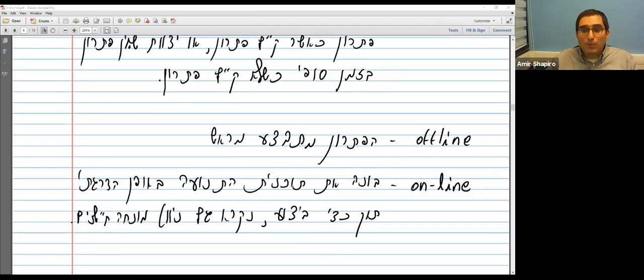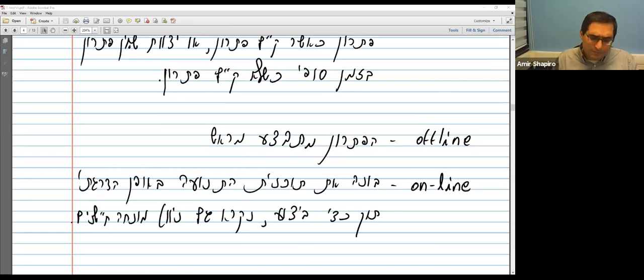Motion planning algorithms can be solved either offline or online. Offline is when the search is done a priori, before starting to move. It's done in the computer in advance.